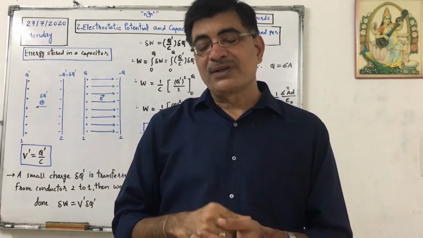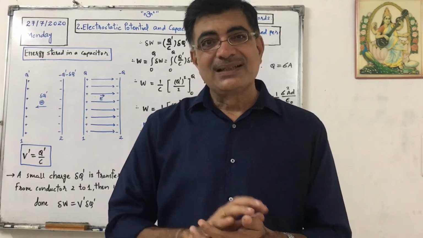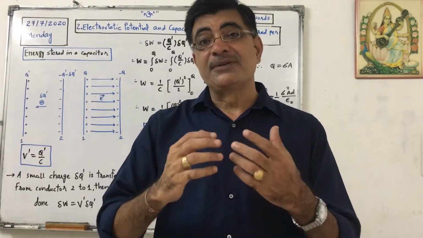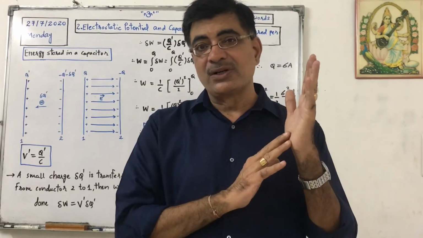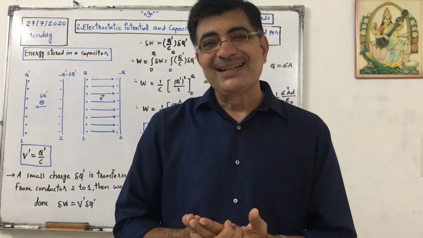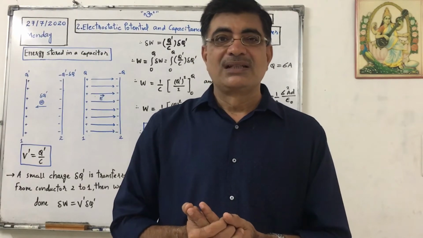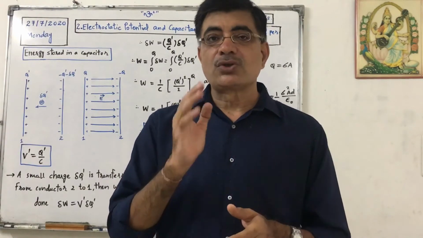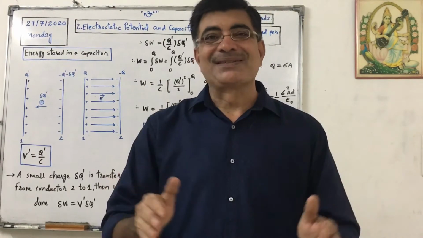So we have to calculate a small work, that is delta W, and then integrate it from 0 to Q. Suppose the initial charge on this plate is 0 and the final charge is capital Q, then we have to integrate small works from 0 to capital Q. That will give us the total work, and that work is stored in that capacitor.